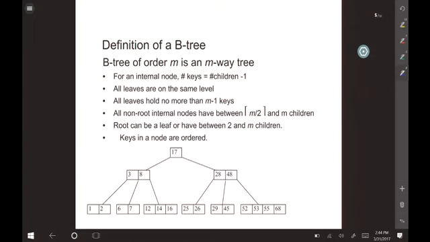So, as we said, for an internal node, and by internal node I mean non-leaf nodes, the number of keys is the number of children minus 1. Okay, so that relationship is captured in the definition.